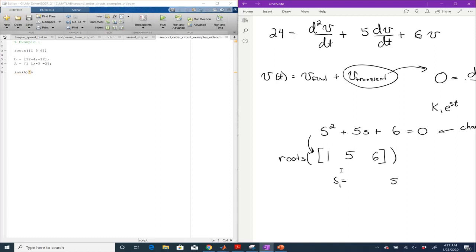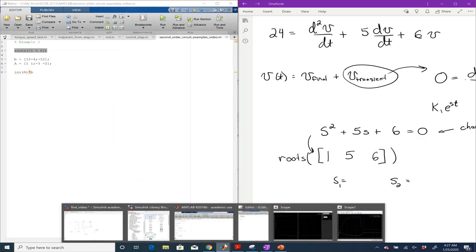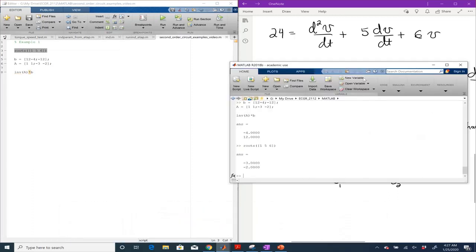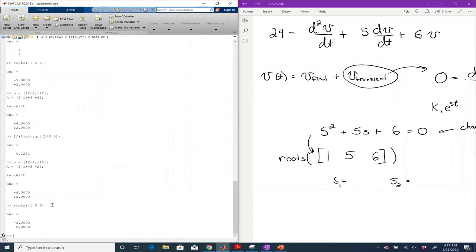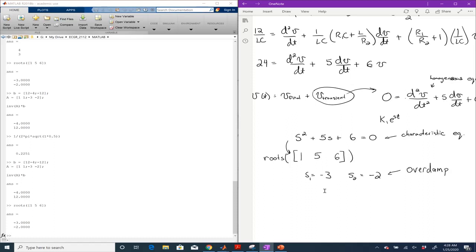So I have an S1 and S2 in this case. I'm going to right click that and say evaluate selection. What does it tell me? Roots of 1, 5, 6: my roots are -3 and -2. Because the roots are real and distinct, this is overdamped. Let me go to my notes.